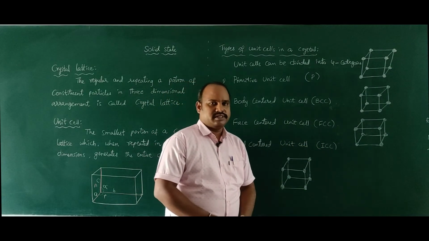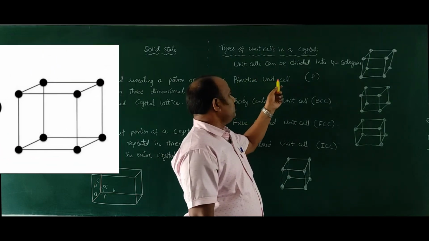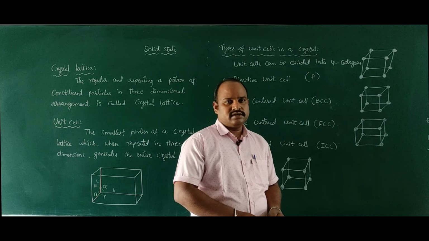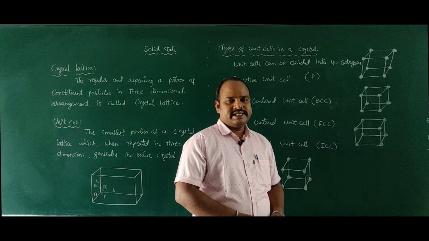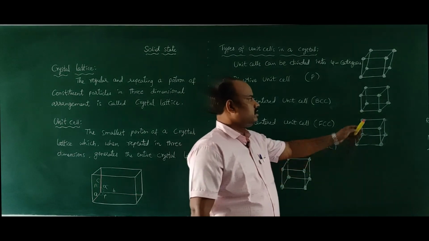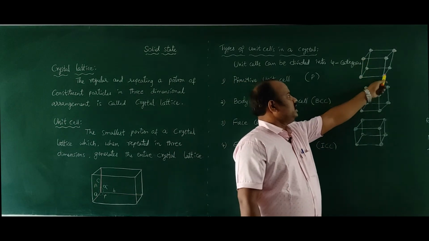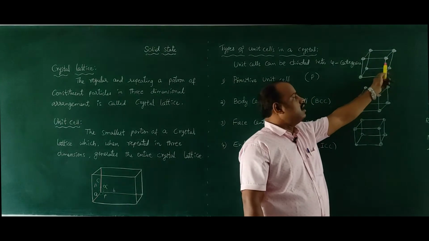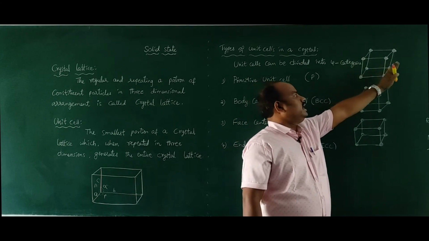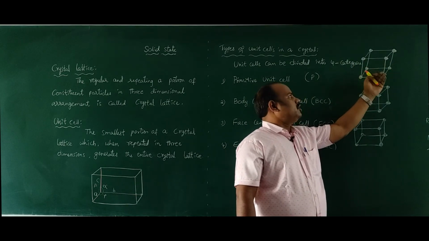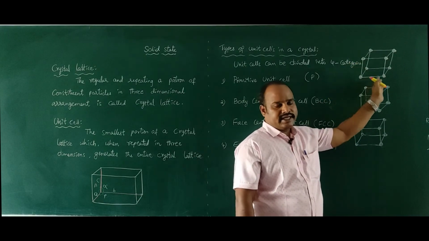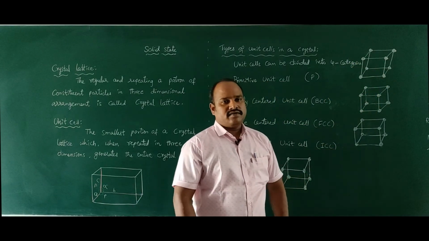So how are these present? Primitive unit cell. Generally a unit cell looks like a cubic structure. In a cube we have 8 corners and 6 faces. Just look here: 1, 2, 3, 4, 5, 6, 7, 8. These are the 8 corners, and the left one, right one, front one, back one, down one and up one are indicated as the faces of the unit cell.